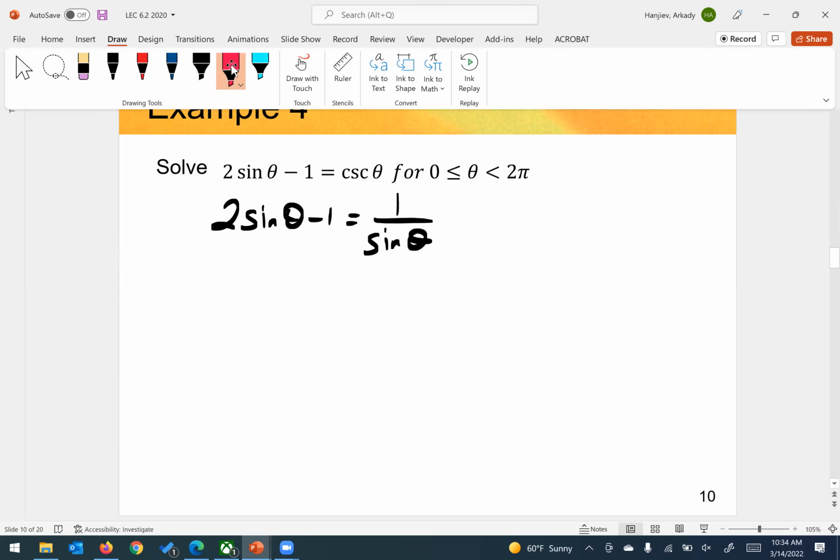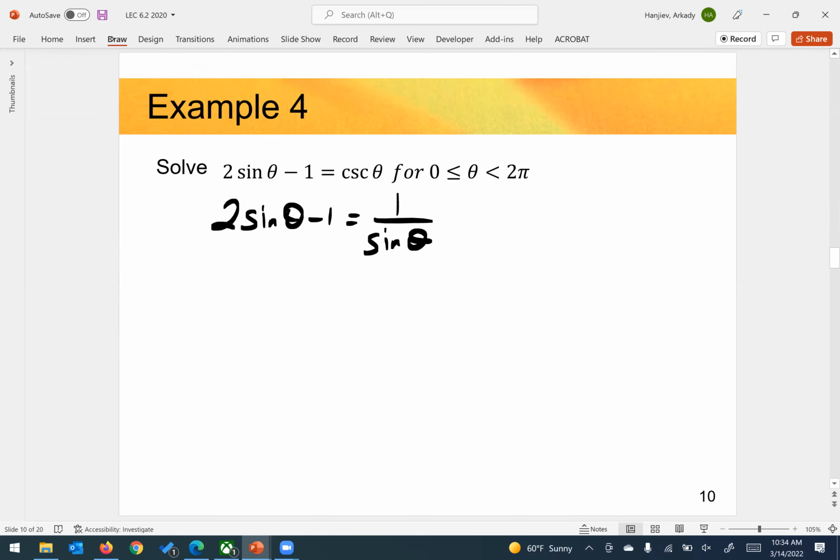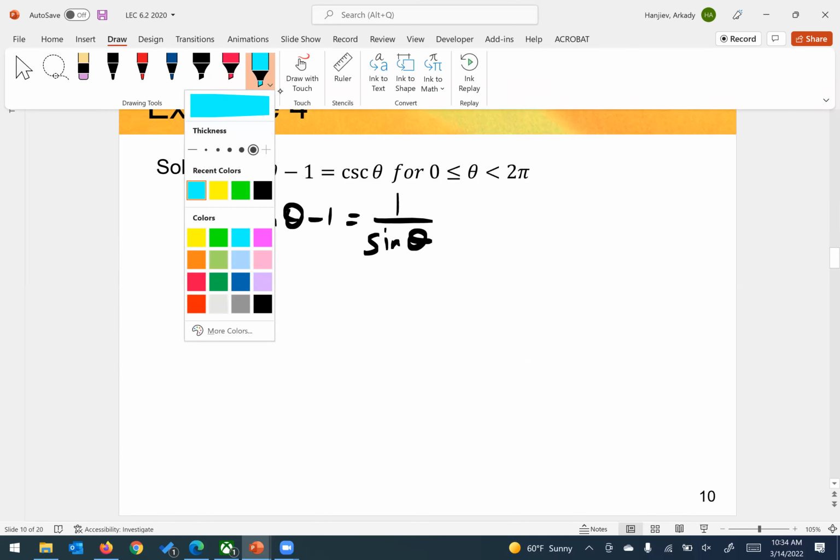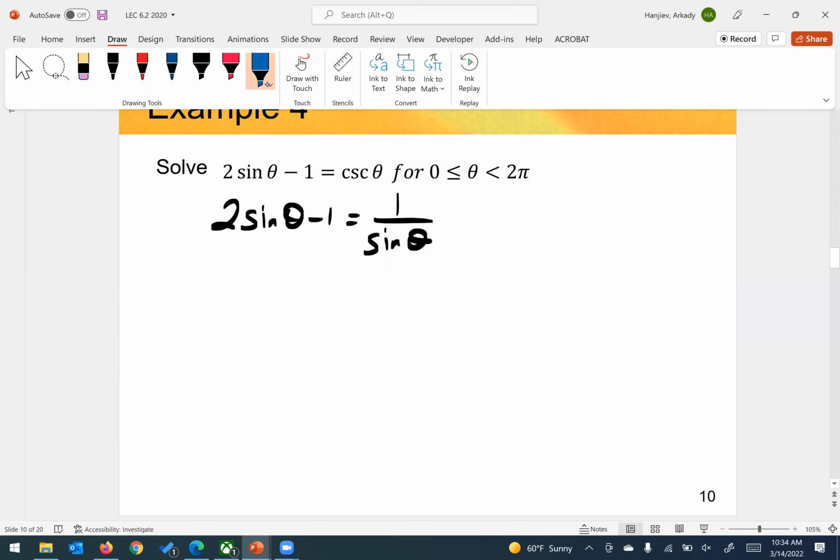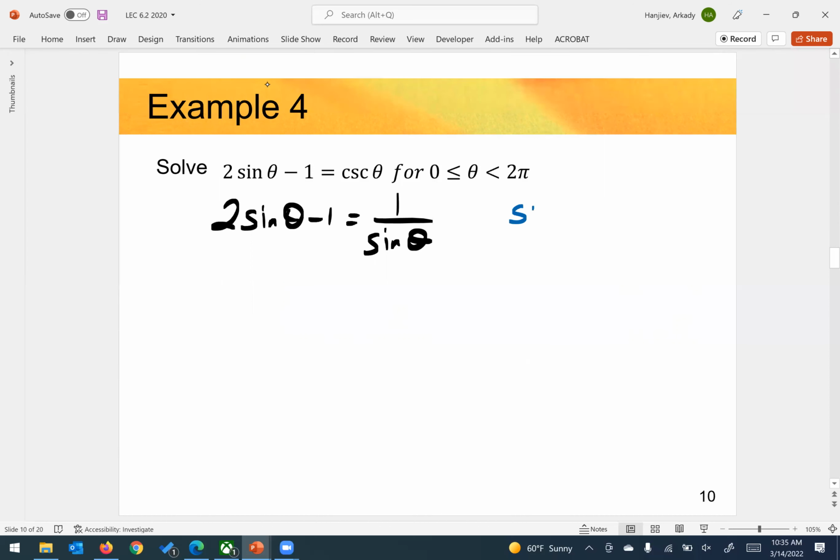Only other thing, guys, to keep in mind real quickly here is this right here. Sine theta cannot equal 0. Good there? Let's make sure that we understand this. When does sine theta equal 0?